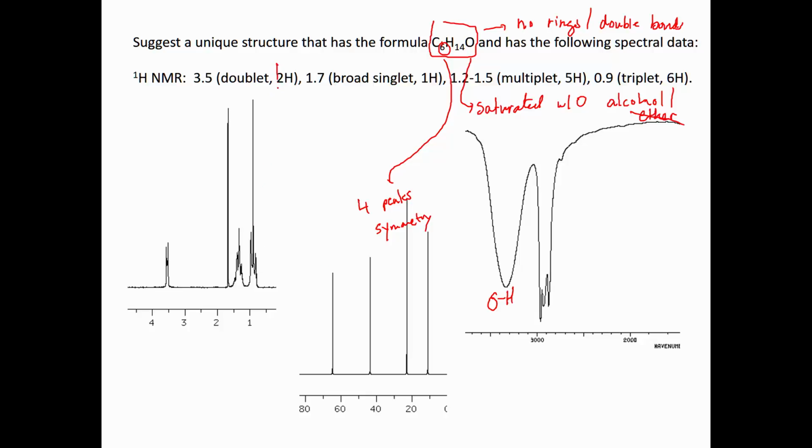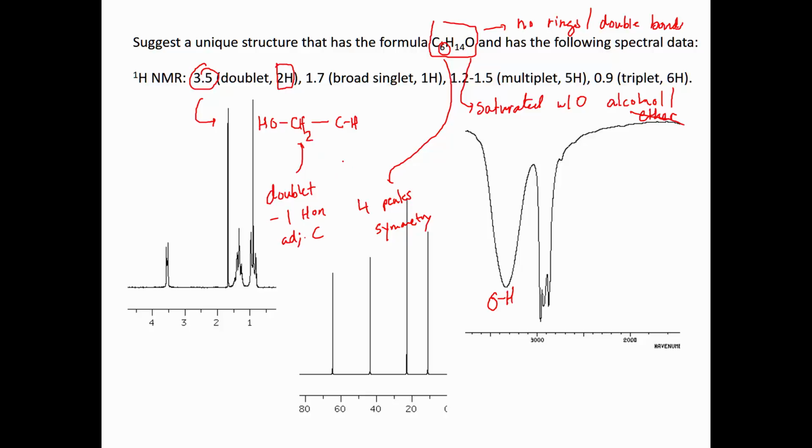All right, so it's 2 hydrogens, a doublet. This chemical shift suggests that this is, in fact, our CH2 group. The fact that it's a doublet means that there's 1 hydrogen on the adjacent carbon. So there's a CH there.